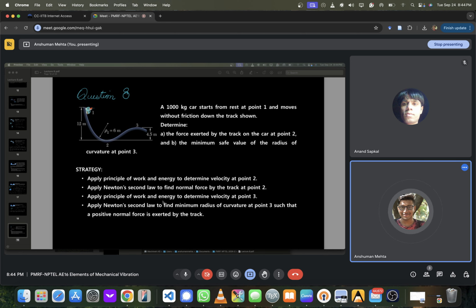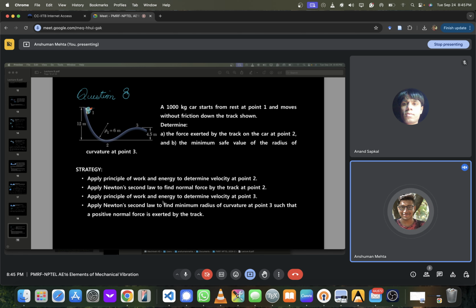A 1000 kg car starts from rest from point A as shown in the figure, and it moves without friction down the track. Determine first the force exerted by the track on the car at point 2, which is the lowest point of the datum, and second, the minimum safe value of the radius of curvature at point 3.